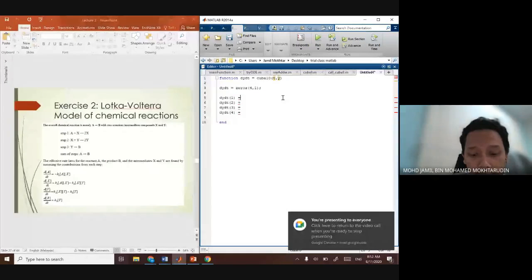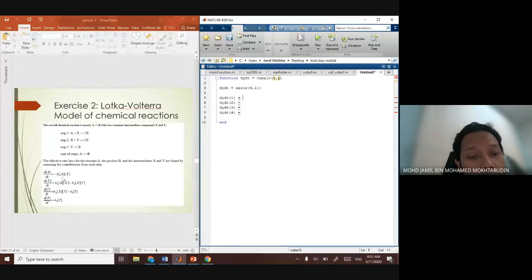Okay, so for the first equation, you have dA dt equals minus K1 times A times X. Okay, so before you write the code, you need to define to yourself what is Y1, what is Y2, Y3, Y4.